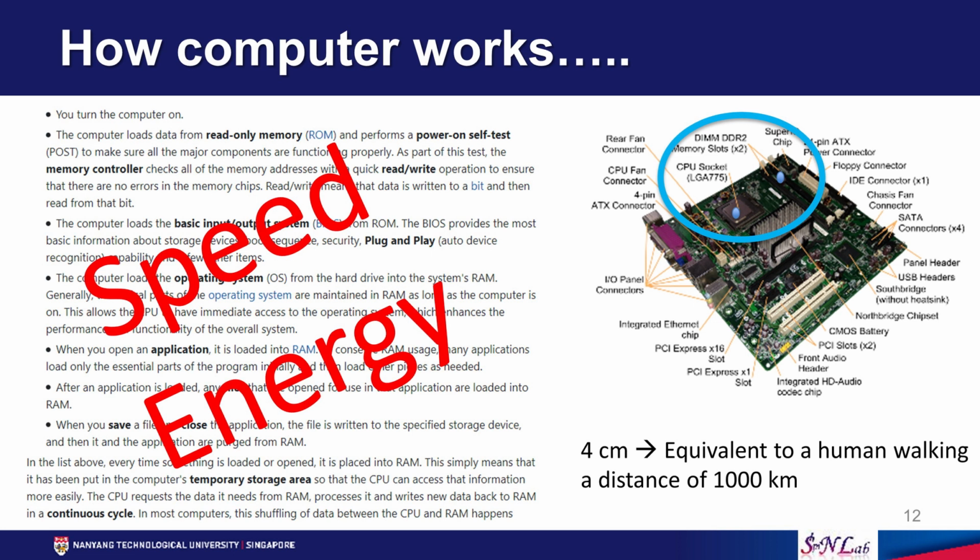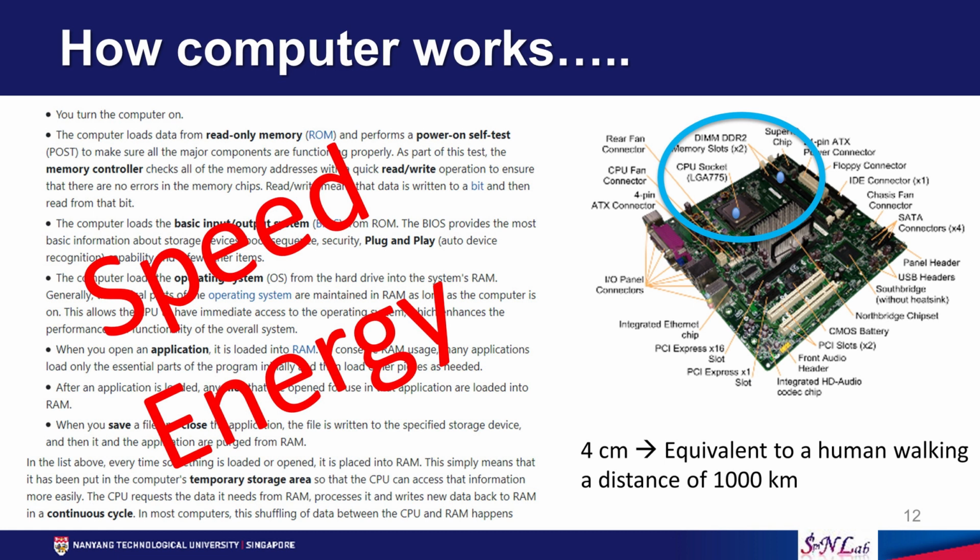Because of this back and forth flow of data, an electric current has to flow from one place to the other. When electric current flows through a wire, there is heating. Because of heating, there is energy loss. Because of this back and forth flow, there is always energy loss.